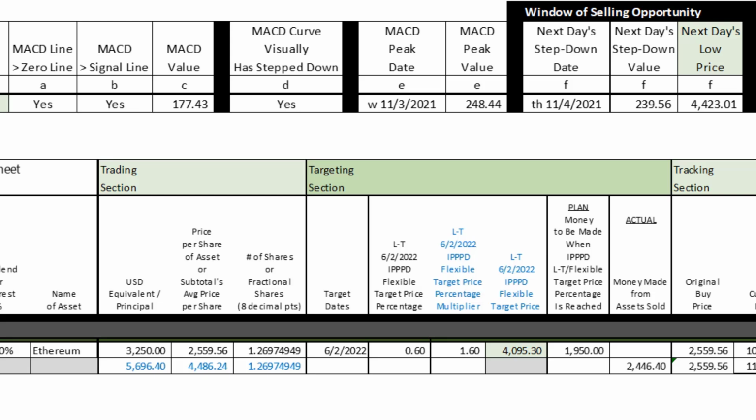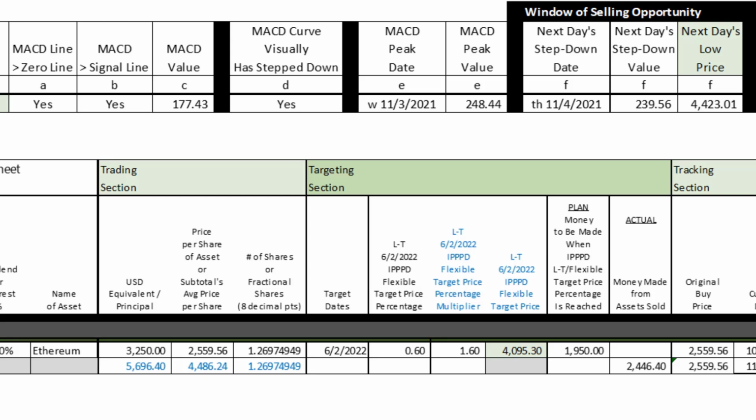E. The MACD curve peaked Monday, October 25th, but this time, with no reason, I did not mark the peak until the following week, Wednesday, November 3rd, when the MACD value was 248.44. By then, I got with it, alarmed at the low height of the histogram bars, and was grateful the MACD curve picked back up on November 1st to make the November 3rd peak.